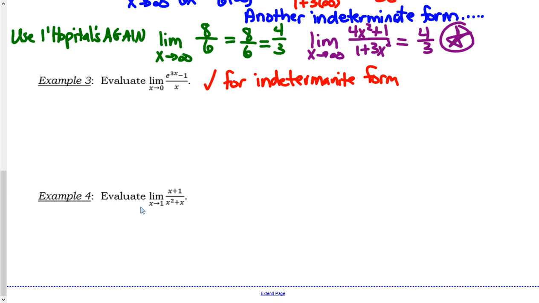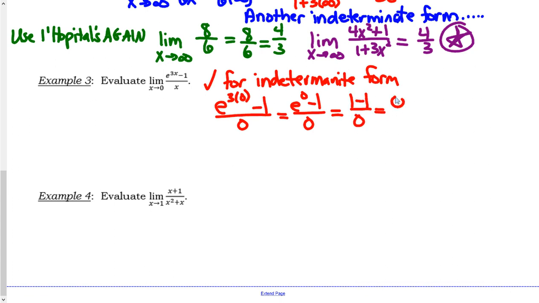So I check for my indeterminate form, and that is going to be e to the 3 times 0 minus 1 over 0. I got a 0 on the bottom. That's a good start. So that is e to the 0 minus 1 over 0. And e raised to the 0 power is 1. So I have 1 minus 1 over 0, which is 0 over 0, which is our indeterminate form, our first one. So that means I get to use L'Hopital.